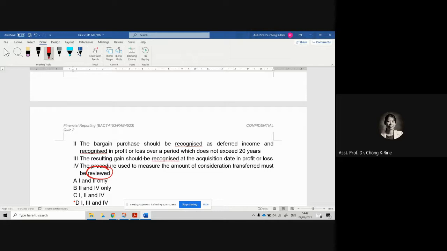Once everything is checked, reviewed, and reassessed, we will immediately put it into our other income. It will increase our net profit. Okay, so it is a P or L transaction. All right, so Y2 is wrong. The bargain purchase should be recognized as a deferred income? No. Unearned revenue is a current liability, so it is not going to sit over there. So this is wrong.